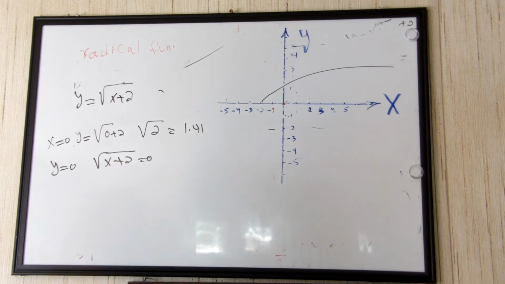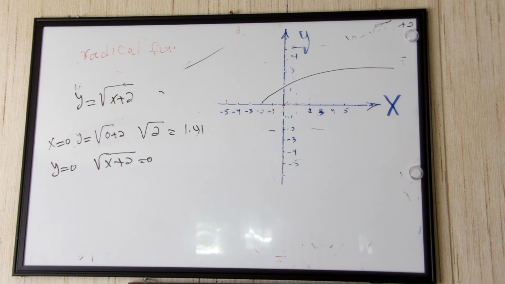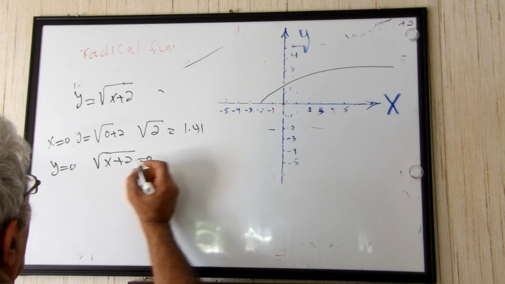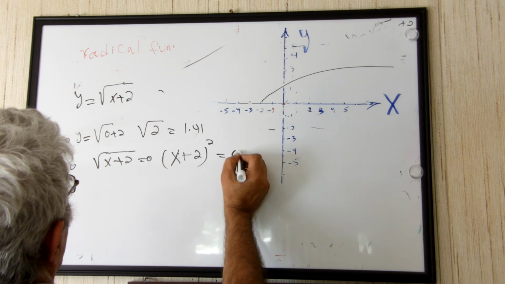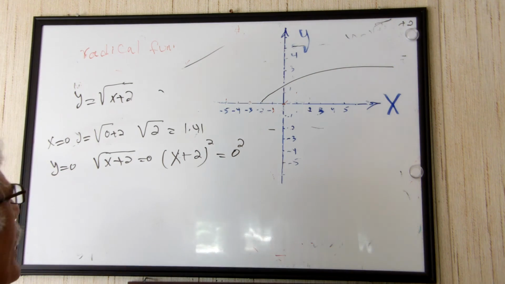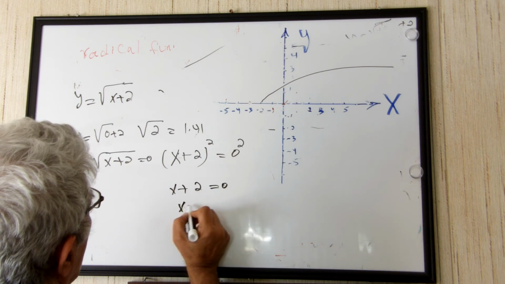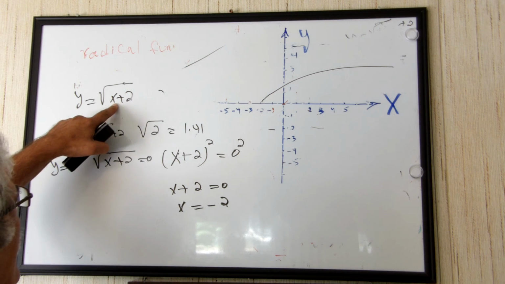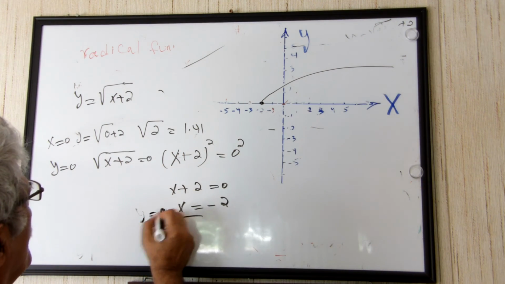If we raise both sides to the power of 2, then we can eliminate the radical, because x plus 2 is equal to 0 squared, which is 0, so x plus 2 is equal to 0, x is equal to minus 2. So at this point, y is equal to 0.